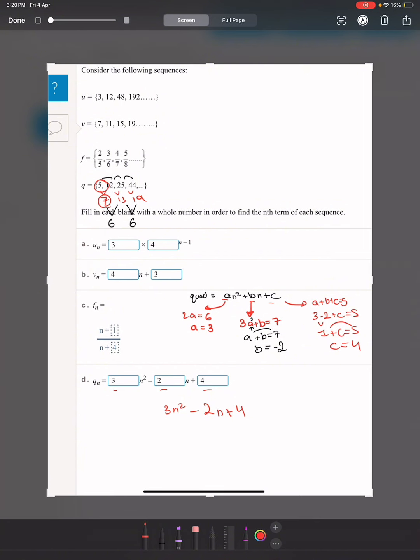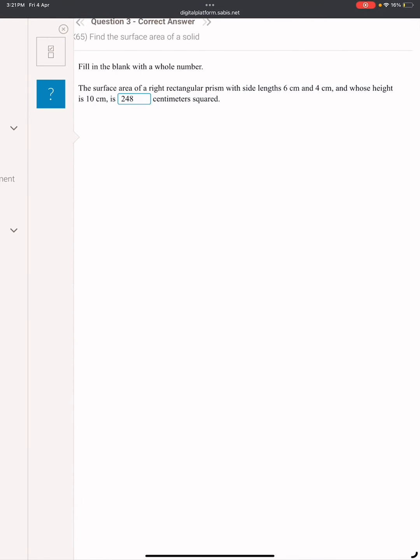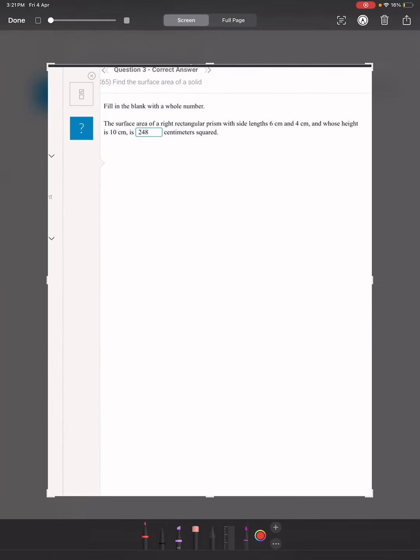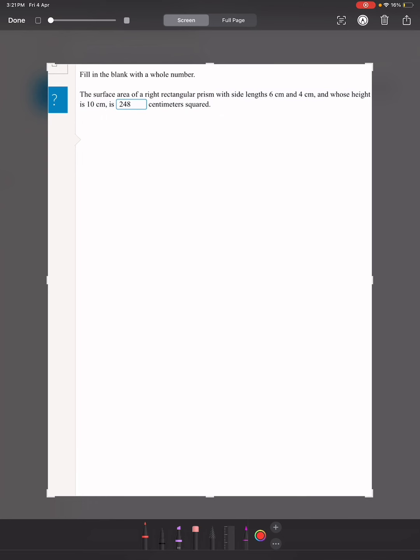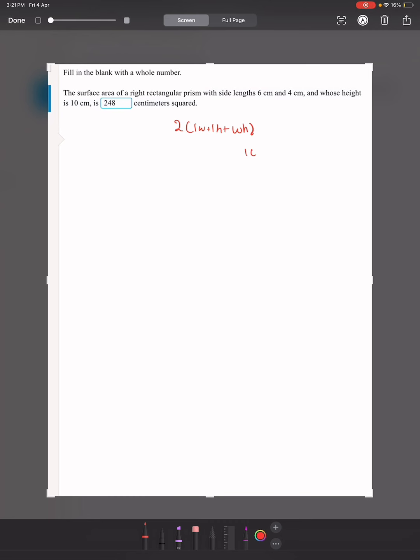And that's it. The surface area of a right rectangular prism has a formula. It's going to be 2 times (LW plus LH plus WH). The height is 10. The width is going to be the smaller side, so that's going to be 4.